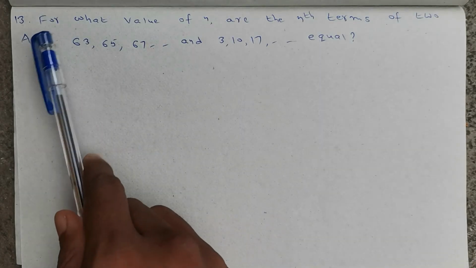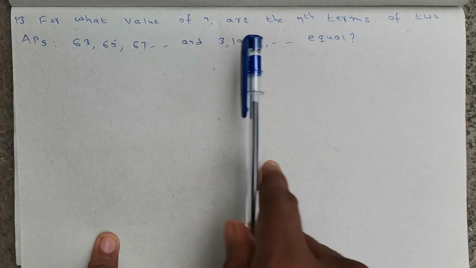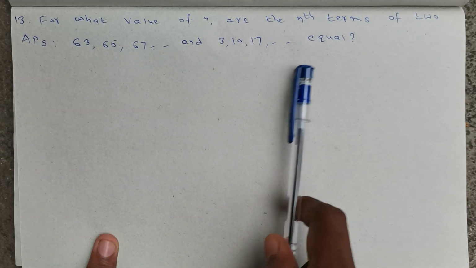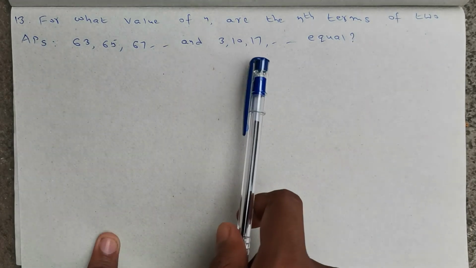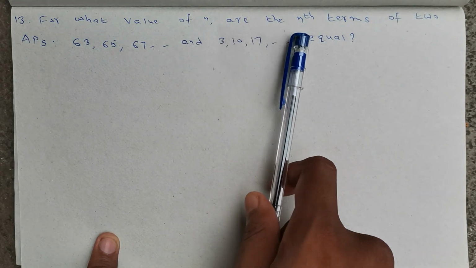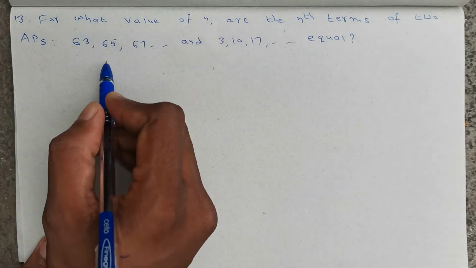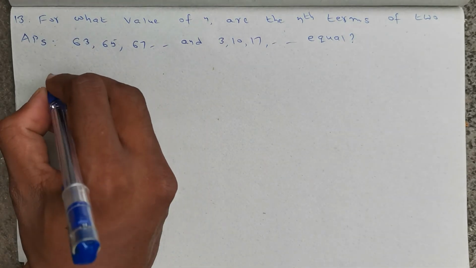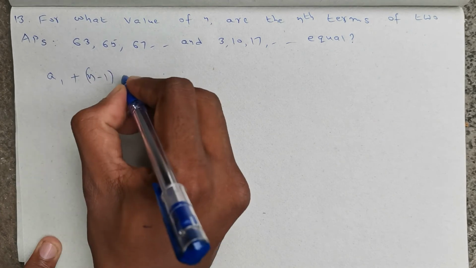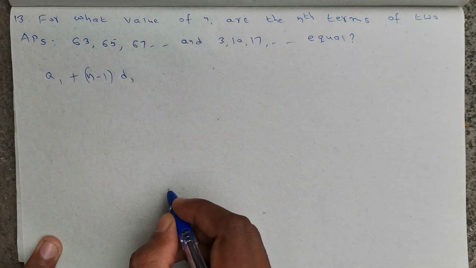The next question is, for what value of n are the nth terms of two APs equal? Two progressions are given and he is asking for what value of n their nth terms are equal. So for the first progression, we take a1 plus n minus 1 into d1.